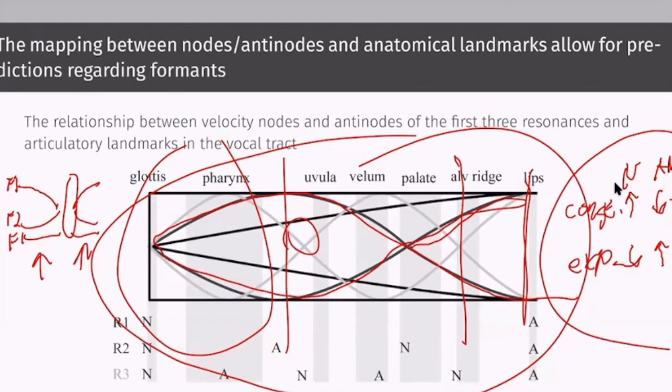Yeah, you have a constriction here at the velum, and it's near a node for F2, this node right here, and it's near an antinode for F3. And so it has this effect of driving up F2 and driving down F3 so that the two formants get pretty near one another.